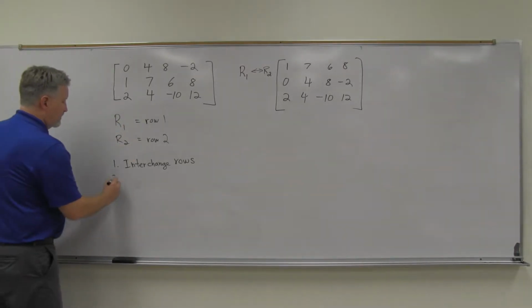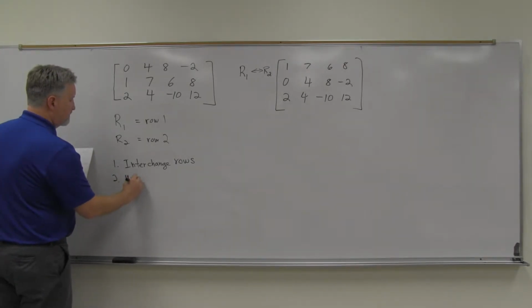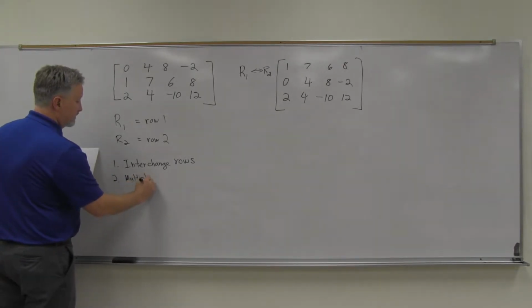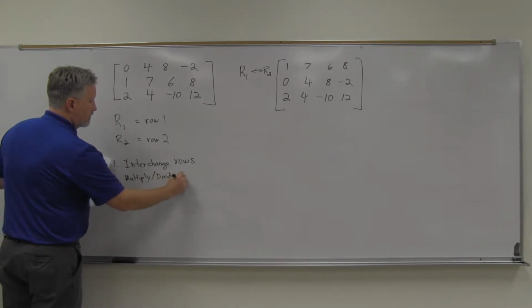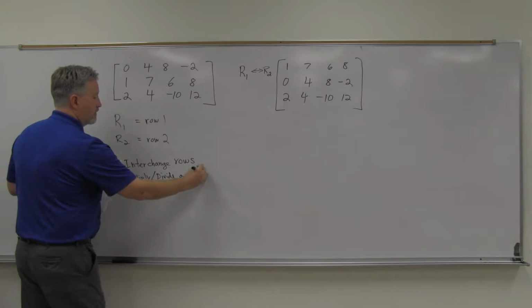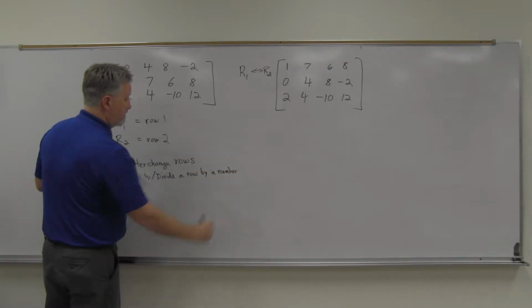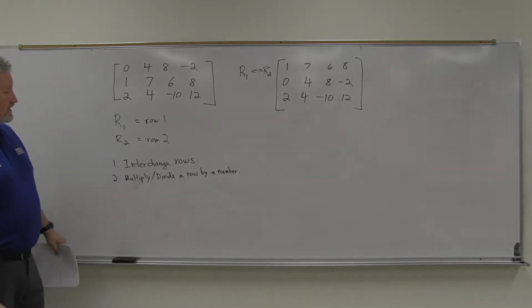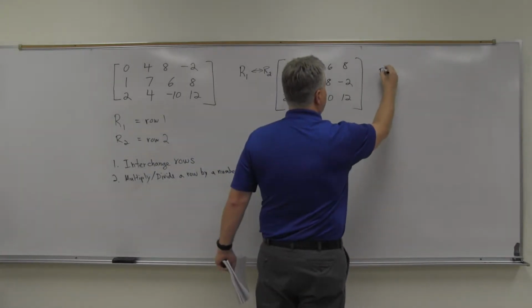And so the second thing we can do on these matrices is multiply or divide by any number, positive or negative for that matter. So I can multiply or divide any row by a number. In this case, I'm going to divide row 2 by 4.